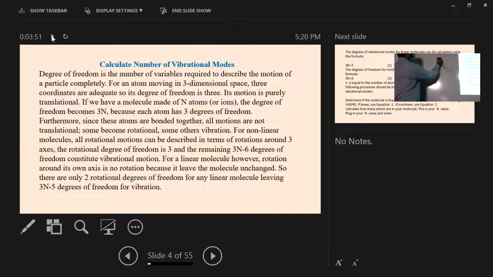For water, which is non-linear, 3n minus 6 equals 3 times 3 minus 6, that means 3. So for a water molecule, you can have a maximum of 3 different types of vibrations.